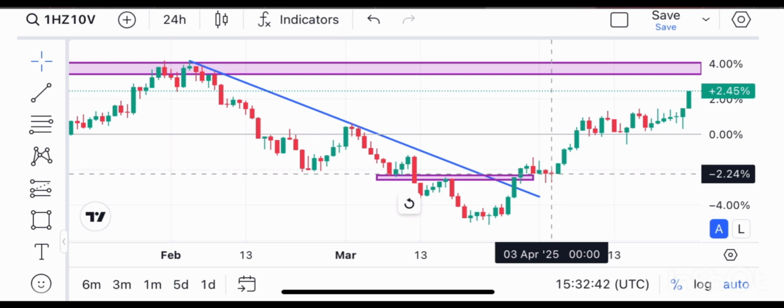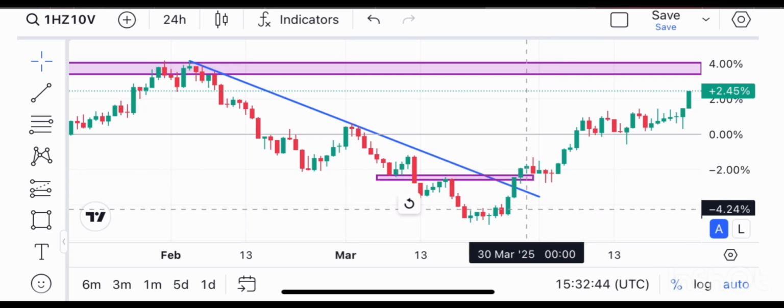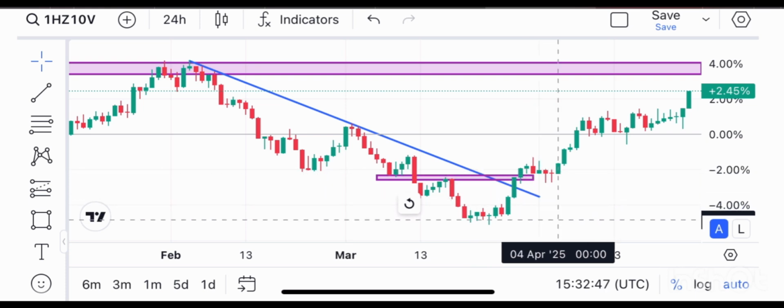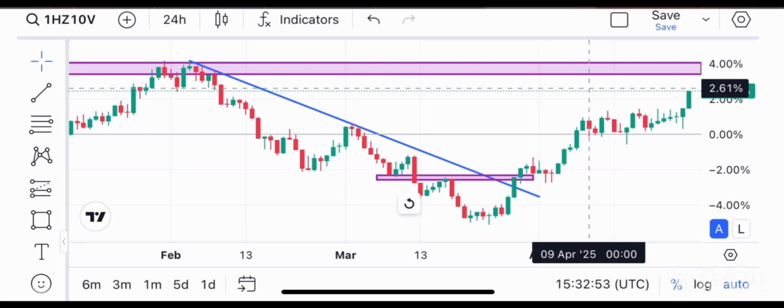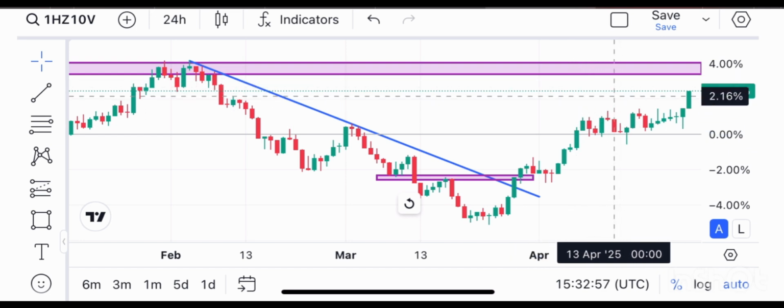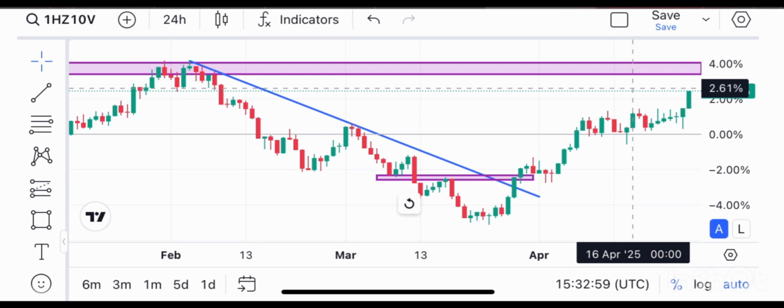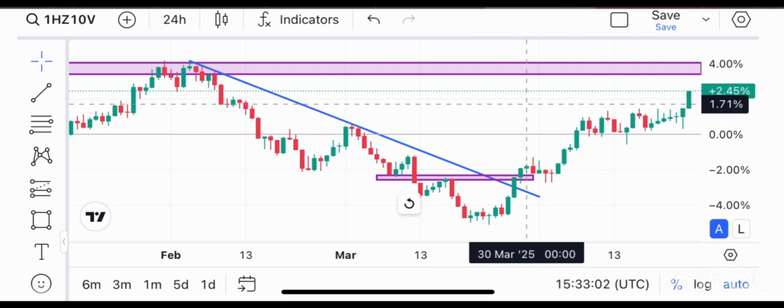What you will do is ensure your SL is just below this line and just below the swing low, somewhere around this point. Then you're going to take a 1:2 all the way to the top. So we took this trade and we were able to exit somewhere around this point for a 1:2. So guys, this is how to take this trade.